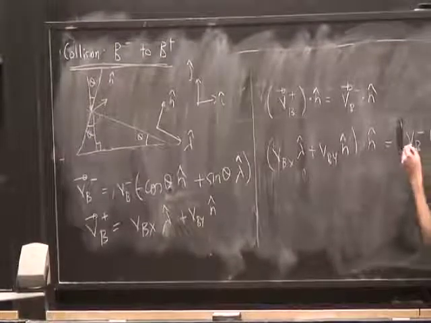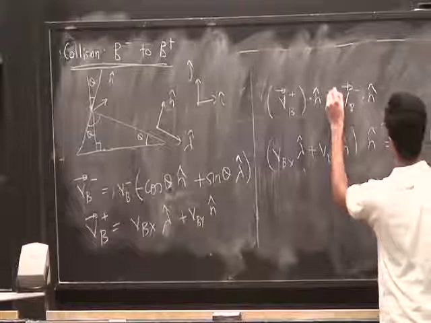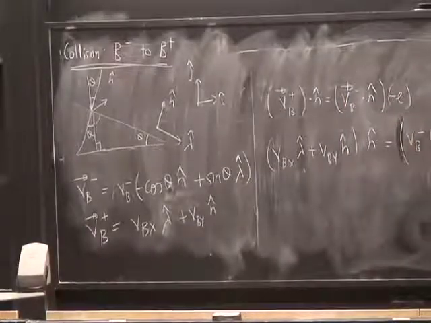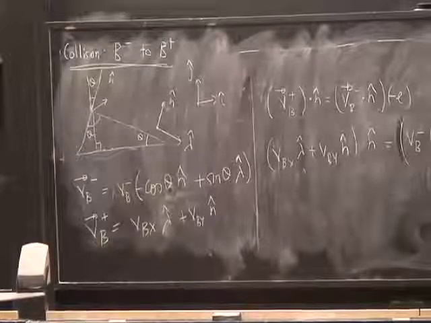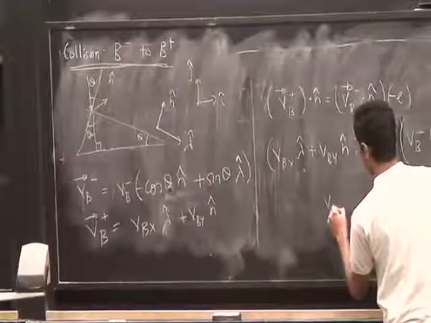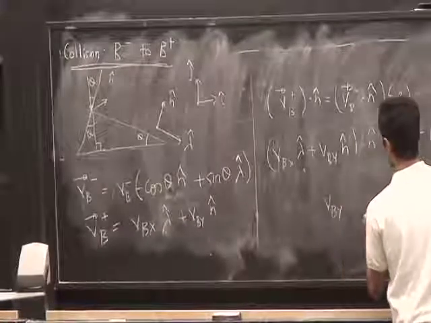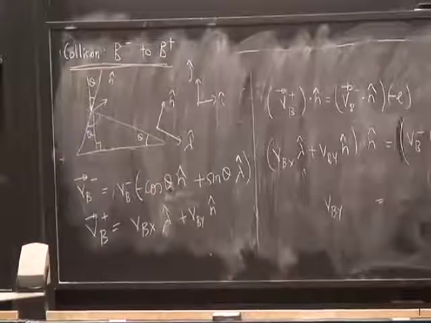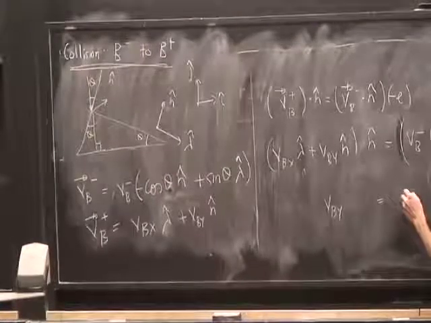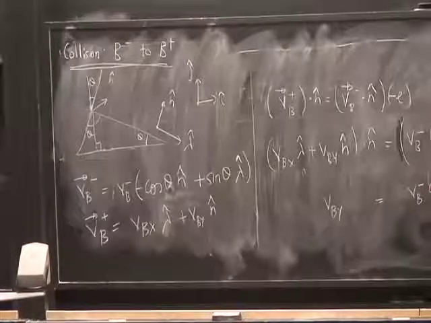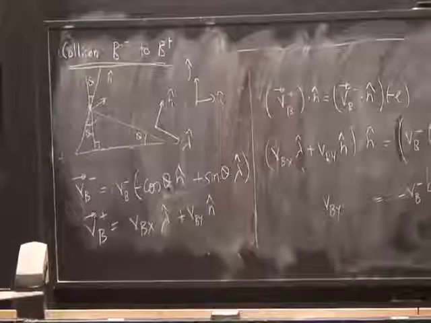And of course, let's not forget the e. Be a minus e here. Minus e. Okay, so n dotted with n gives me vBy equals, n dotted with lambda gives me 0, so I'm only left with vB minus negative cosine theta times e.